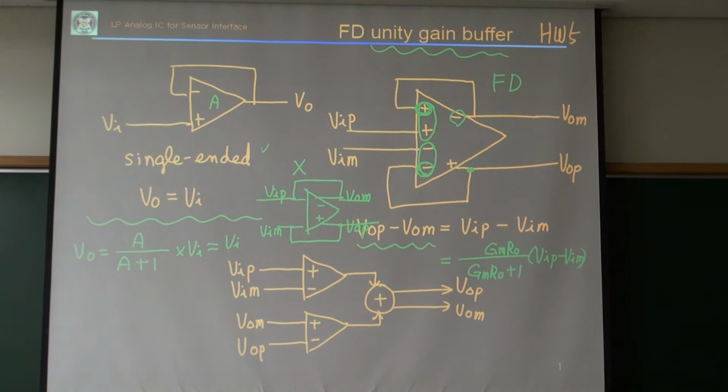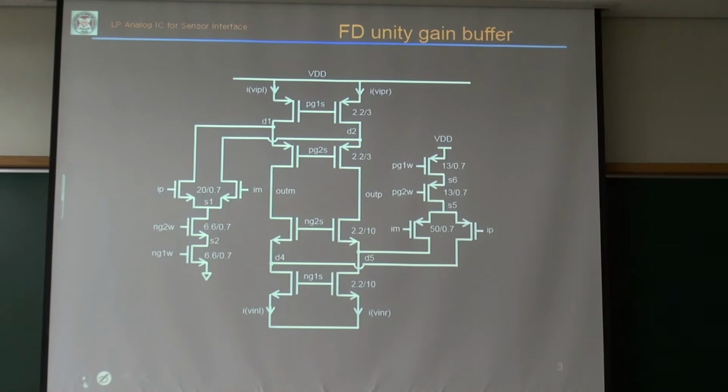In a previous class we connected it this way. I make VIP and VIM, so I have a differential pair, and then we got some problem. They are connected together. What was the problem? Here I have IP and IM. This is just a fully differential op-amp.